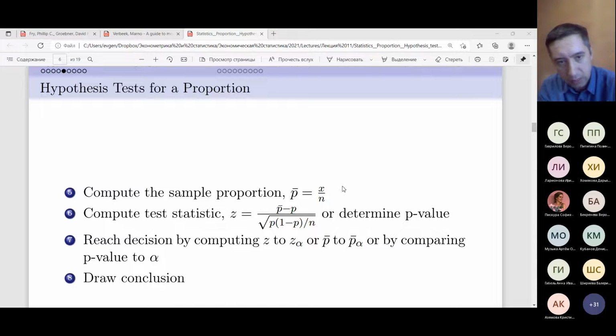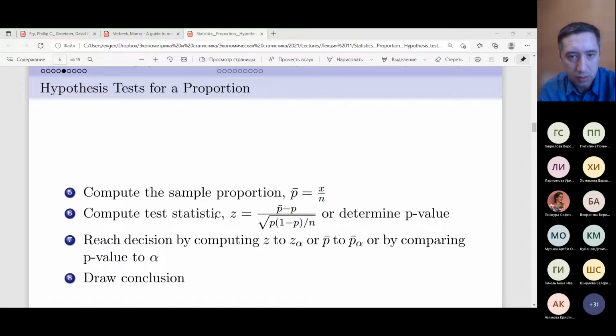Next you have to calculate a test statistic. In the numerator, you should find the difference between the sample proportion and your hypothetical value, and in the denominator, you should put the standard error of the proportion. This is the standard error of the proportion, and it is easily calculated as the square root of p times 1 minus p divided by n.